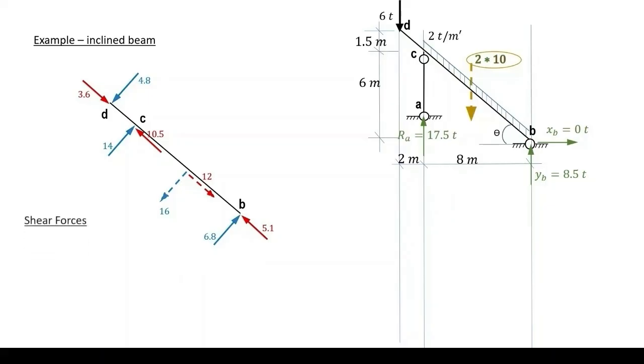Shear force diagram. We plot all blue forces perpendicular to the center line, and again we know that there is a concentration of shear at C, 14 tons, and we expect shear C left different from shear C right with a difference of this 14 tons.